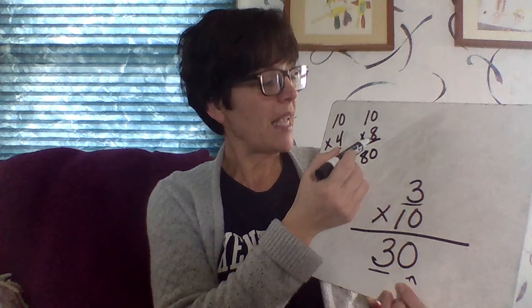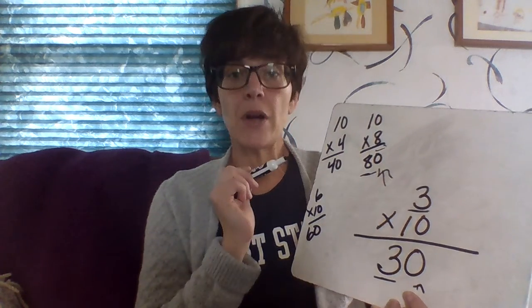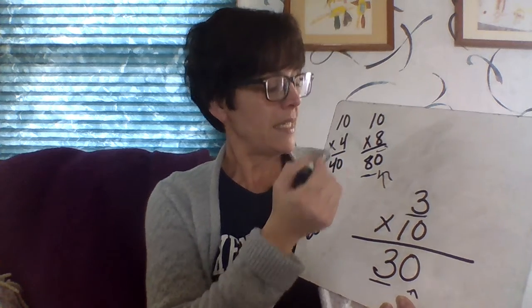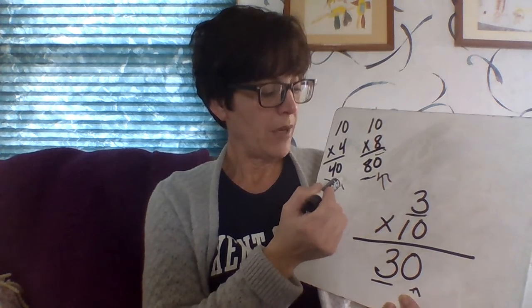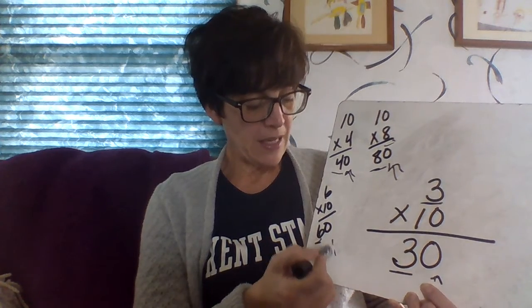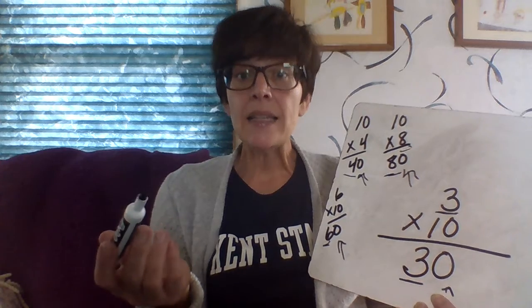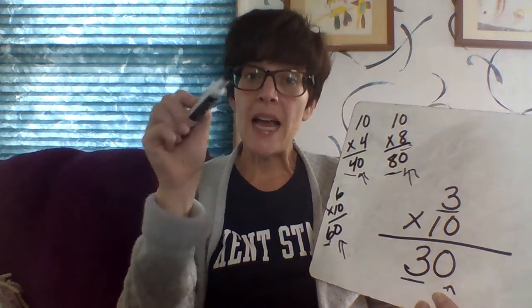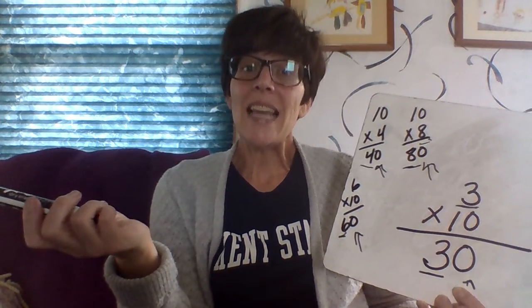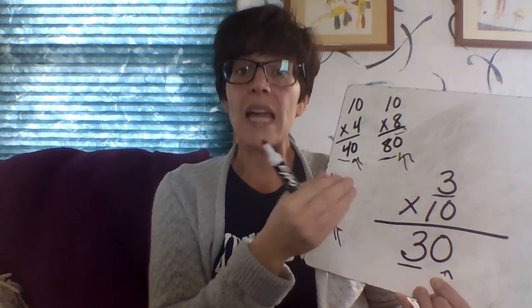So with 10 times 8, we write down the 8 and add a 0. 10 times 4, we wrote down 4 and added the 0. 10 times 6, we write down the 6 and add a 0. So 10 times 9, we would bring down the 9 and add a 0. It would be 90.